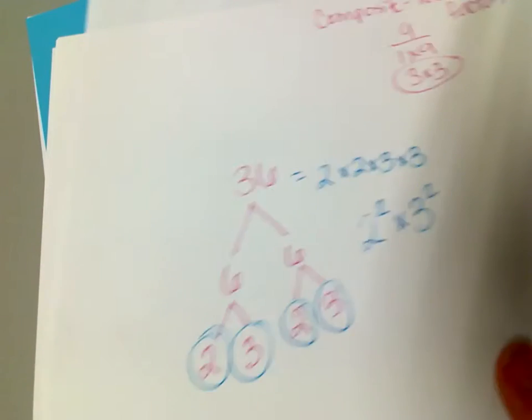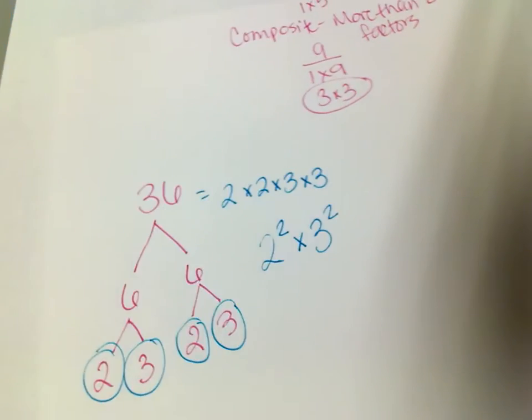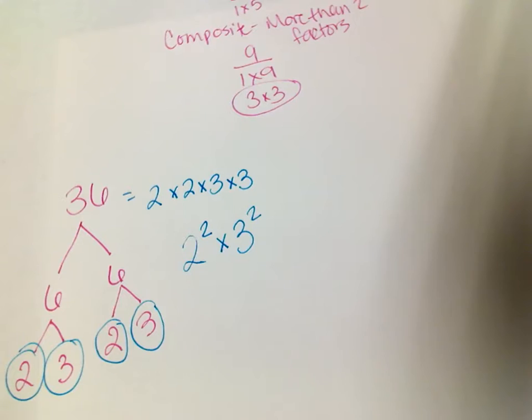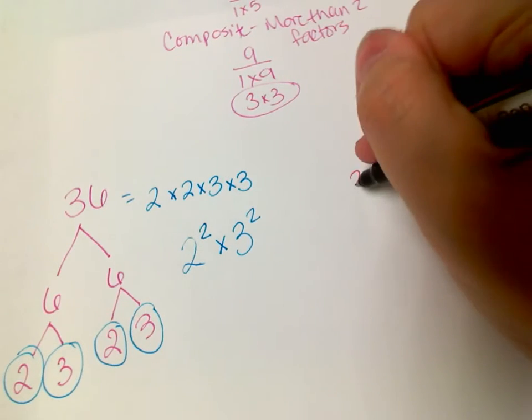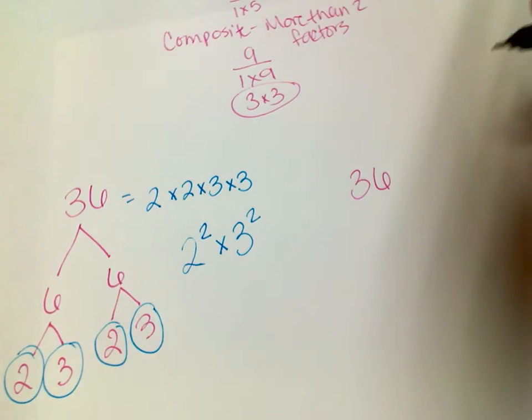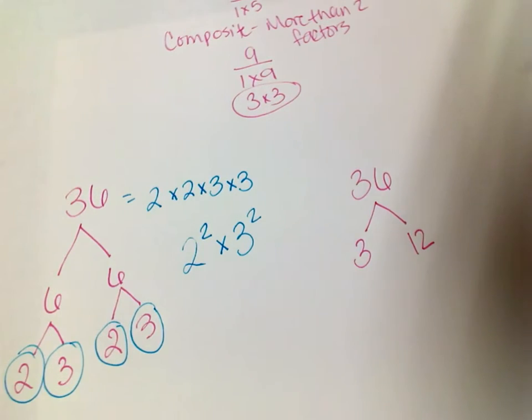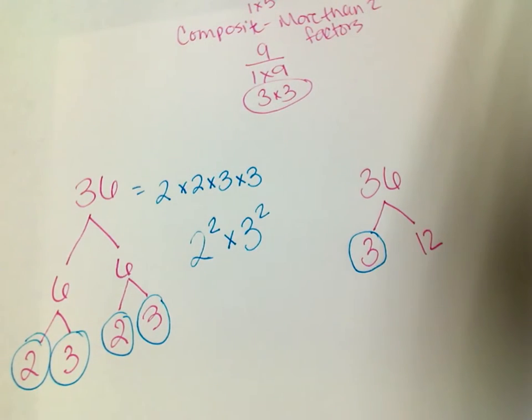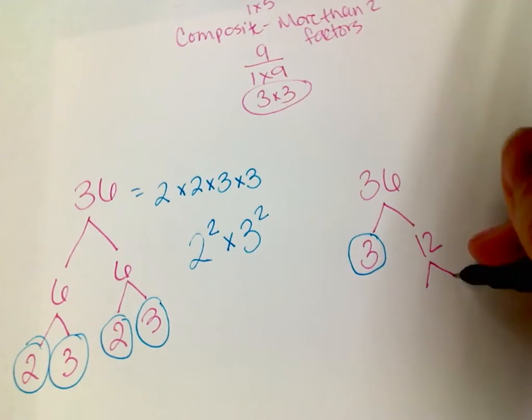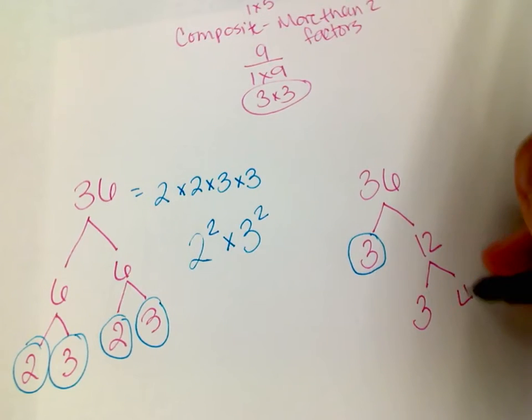Now let's say, hey, wait a minute, that's not what I was thinking. Maybe you were thinking 36 was 3 times 12. Well, let's see, 3 is prime, and then 12, maybe 3 times 4.